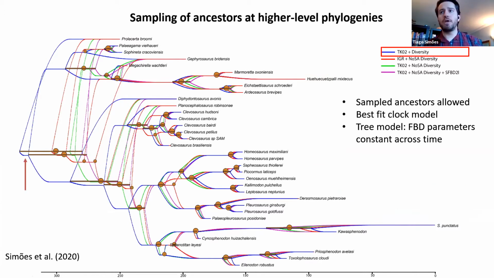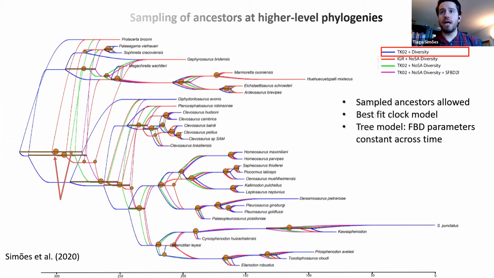Interestingly, when we apply the most commonly implemented models, which assume fossils to be ancestors in the tree, using the FBD model and the best-fit clock model for this analysis, with the classical assumption of the FBD process where all diversification parameters are constant throughout the tree, that's when we get the oldest possible divergence time estimates closer to the root of the tree, which are in strong disagreement with the data from the fossil record that we have available.